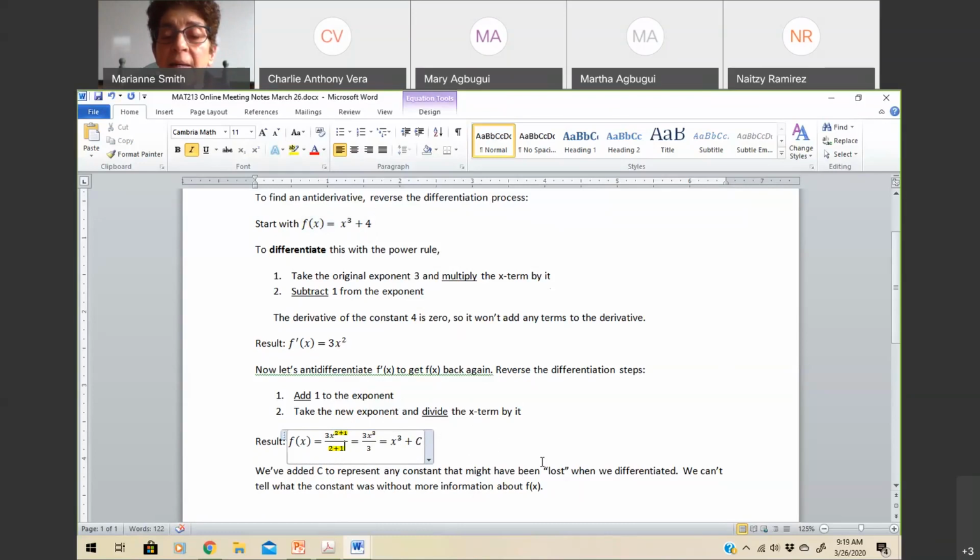If I need to find out what the constant was, I need more information about f of x. For example, I might need to know that when x is 0, f of x is 4. In which case, I can plug that information into my antiderivative and figure out what c is. But for now, whenever you do an antiderivative, you add a plus c, and that represents any constant that may have been part of your original function.